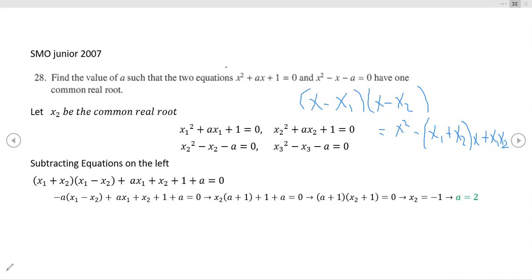Now, what I did is, since you do have a common real root, I let x sub 2 be the common real root, and I rewrote the equations. The left-hand side is just substituting x sub 1. I call the zeros x sub 1 and x sub 2 for the first equation. And then for the second equation, which has a zero in common with the first equation, I wrote x sub 2 again right here.